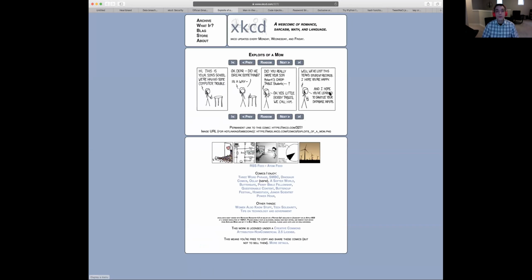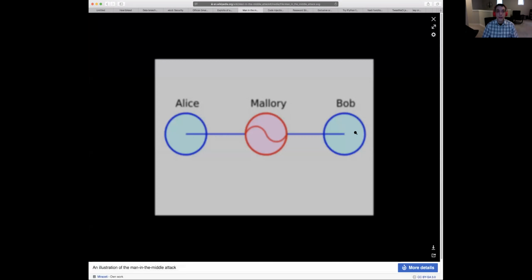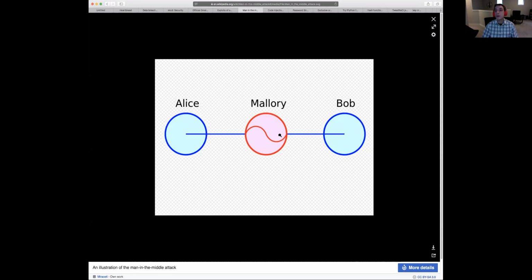So what are the sorts of attacks that violate confidentiality, integrity, and availability? Actually, this is not illustrated here, but one of these sorts of attacks is called the man-in-the-middle attack. The man-in-the-middle attack is when you have two people who want to communicate, say Alice and Bob, but you get somebody in between.